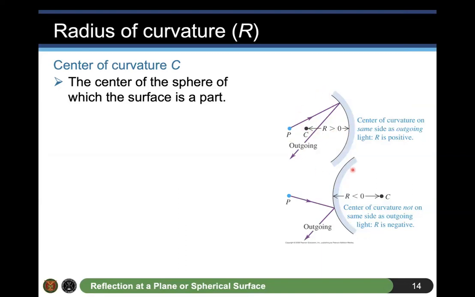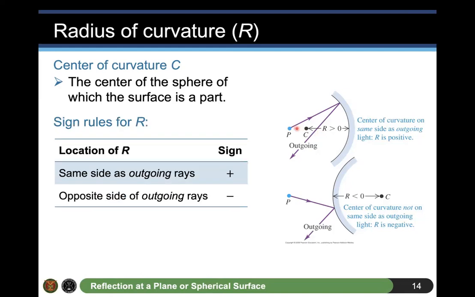Kung imagine natin na buong circle yung surface na yon, yung center nun, that will be the center of curvature. Okay? And yung radius of curvature will be the distance from the center of curvature to the interface or to the surface. Okay. So, if the center of curvature is on the same side as outgoing light, R would be positive. Okay.